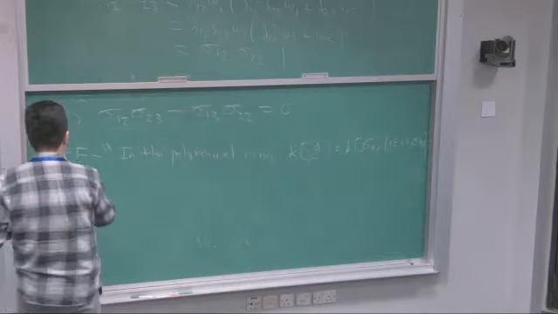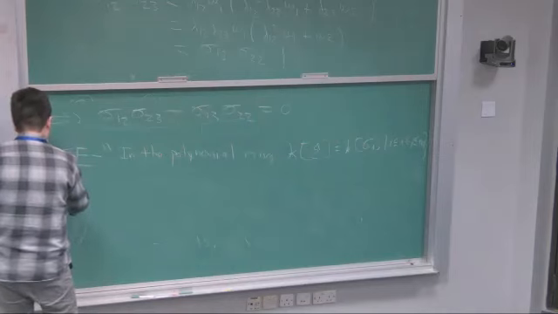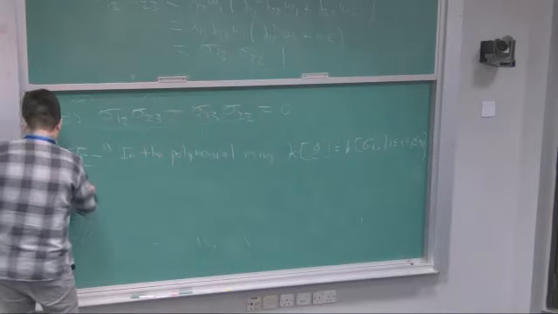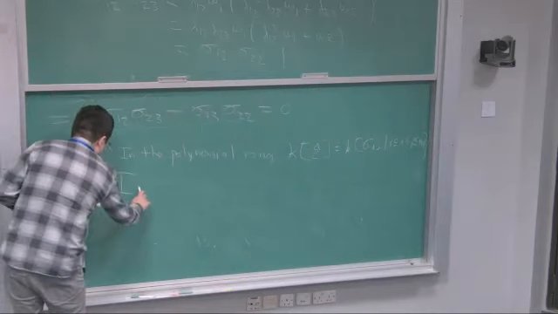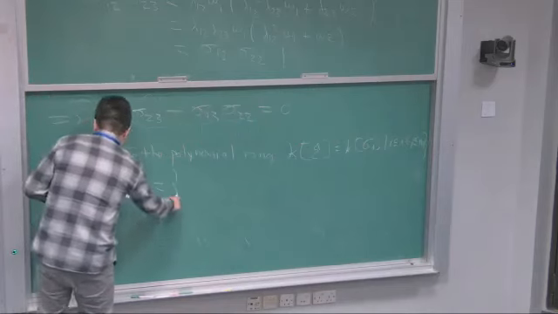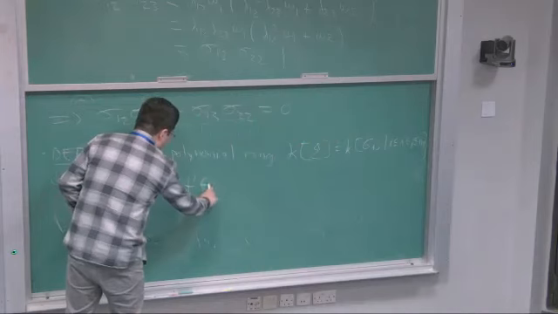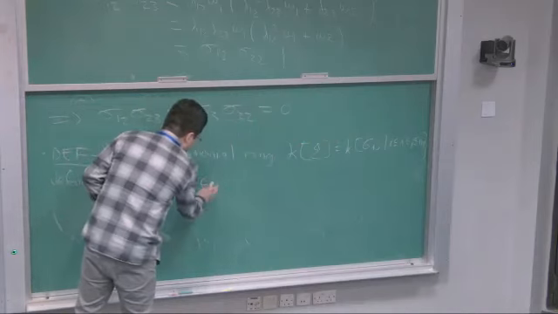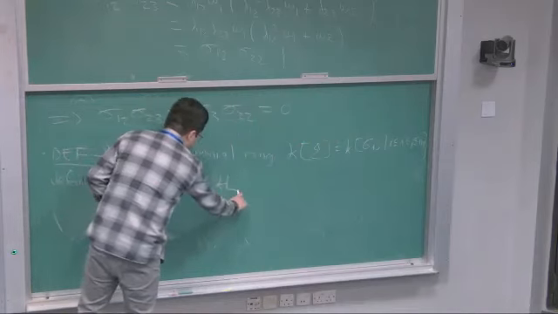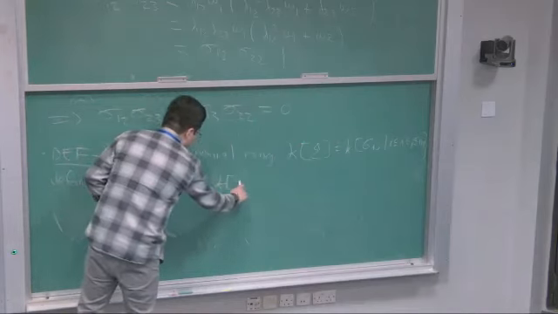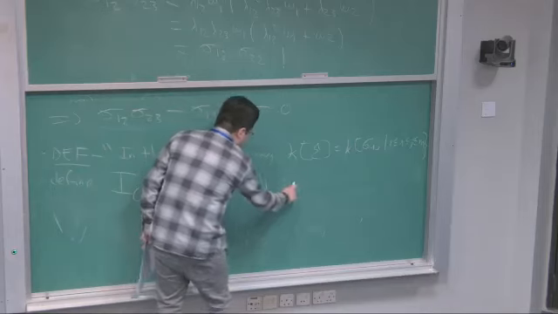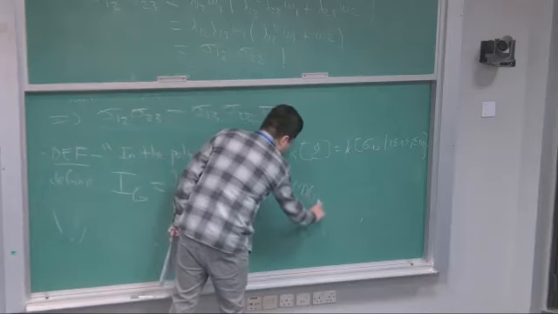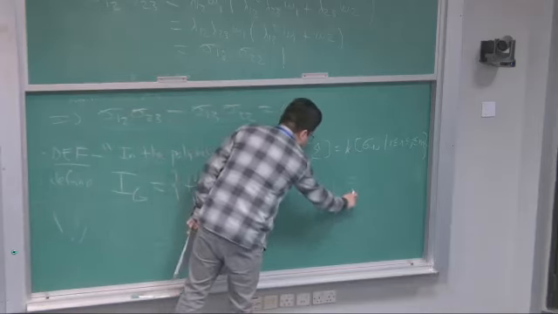So we define I_G to be the set of all polynomials in K[sigma], I was going to write C because usually I go C, but okay, K[sigma], such that if you evaluate it on M_G, it is 0.